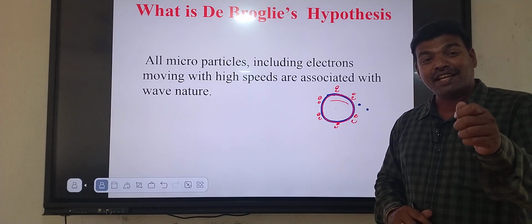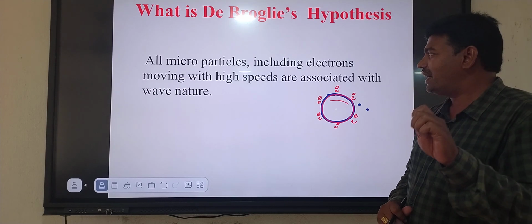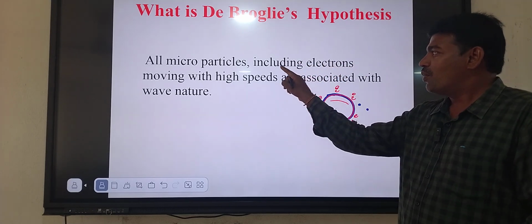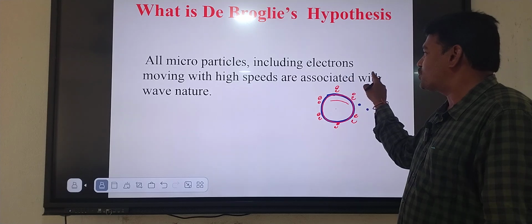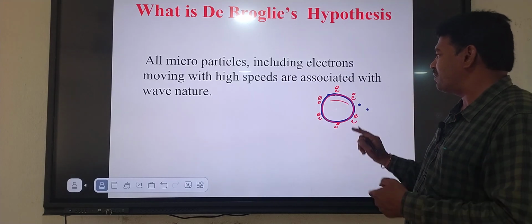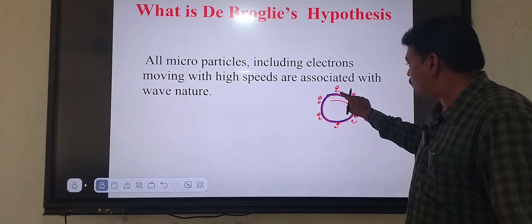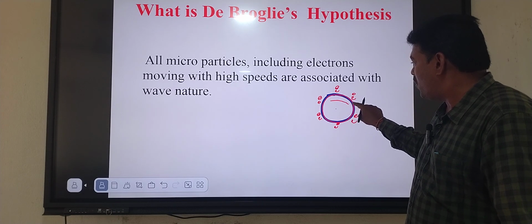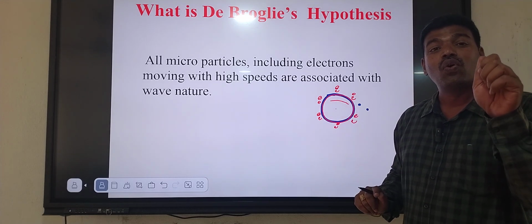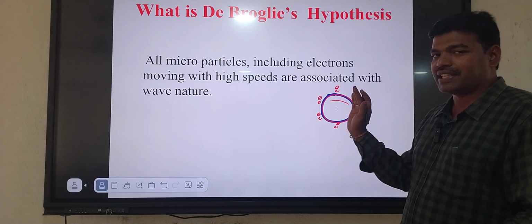But de Broglie proposed a hypothesis that all microparticles, including electrons, moving with high speeds are associated with wave nature. So from this hypothesis, one can admit that the electron revolving around the nucleus is associated with wave nature.